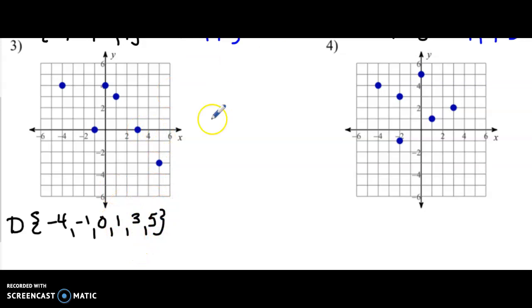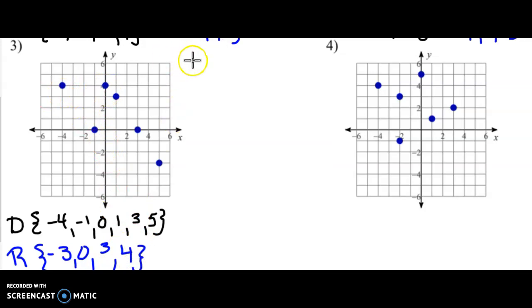For our range, we're looking for our y values. So we have a -3. I'm just working my way up. We have 2 zeros, but we only need to write one of them. We have a 3, and we have 2 4s, but we only need to write one of them.